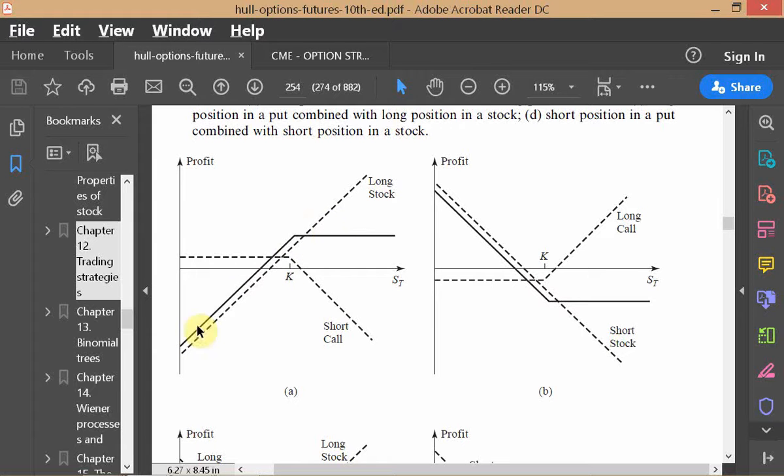But now the problem is, if you are long the underlying, when it goes above the strike, you are constantly making money as the market is going up. That's not what you want. You don't want a linear increasing profile like this. You want to cut it off. You want a kink in this curve here. You want to make sure that this part is constant. Okay, so how can we do that? Are you following what the objective is?